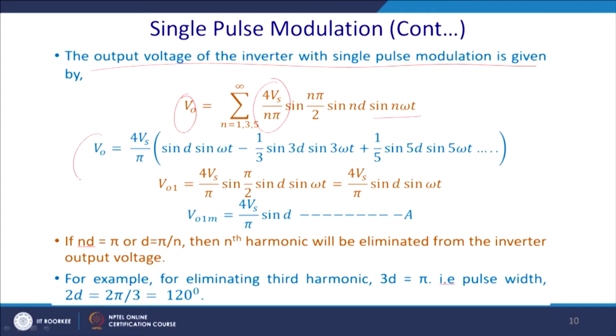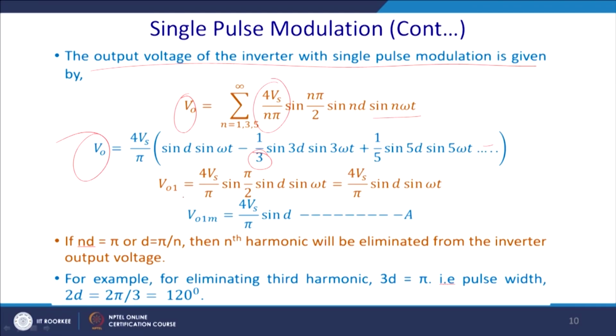So, the output voltage that you essentially get is 4Vs by pi sin d sin omega t, minus, with alternating plus and minus, 1/3 sin 3d sin 3 omega t, plus 1 by 5 sin 5d sin 5 omega t, thereafter minus 1 by 7, and all those terms will come.